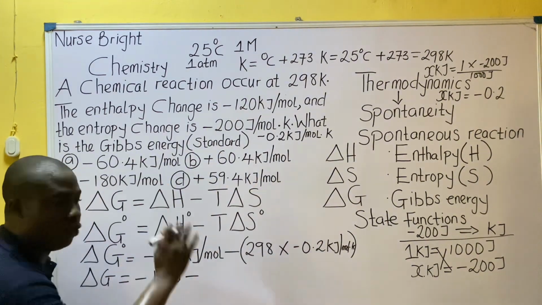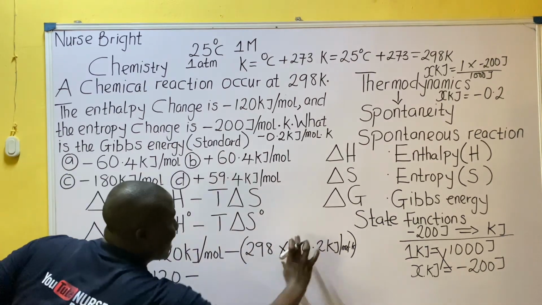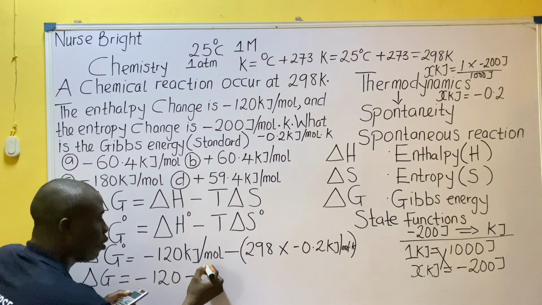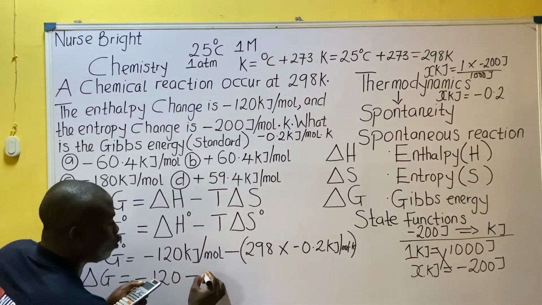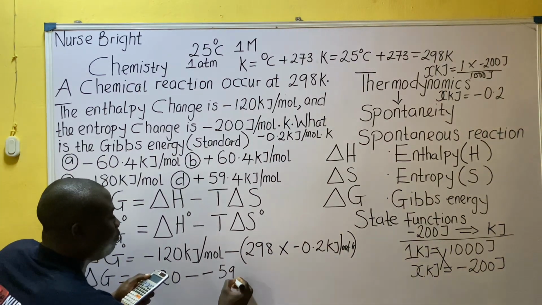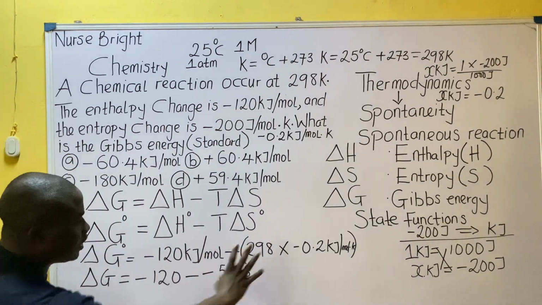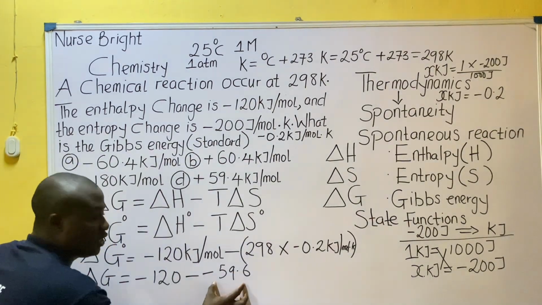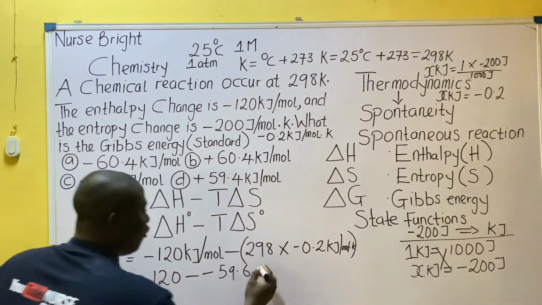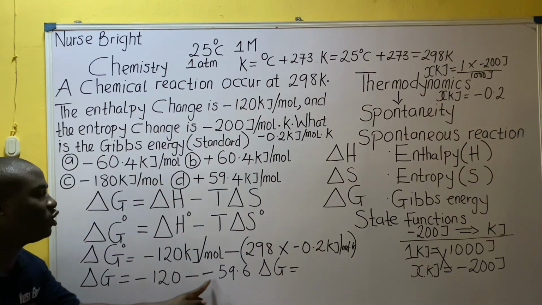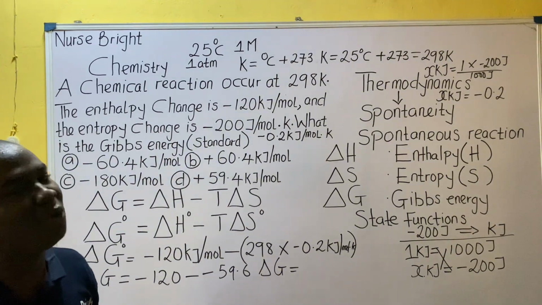Minus, what is inside this bracket? We've solved for the bracket already, so minus 59.6. So guys, you can see what we've gotten after evaluating this bracket. So moving further, delta G will now be what? You know when minus comes together with minus, it gives us plus. Hope you know now.